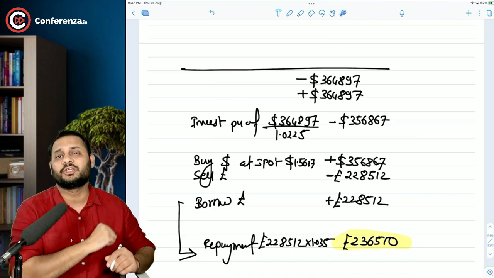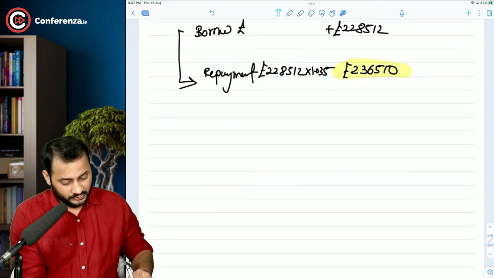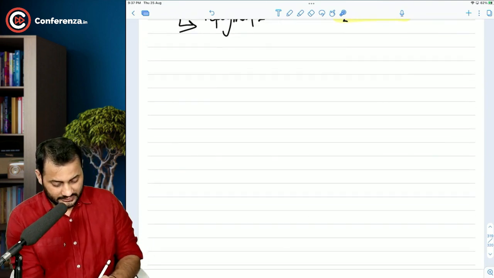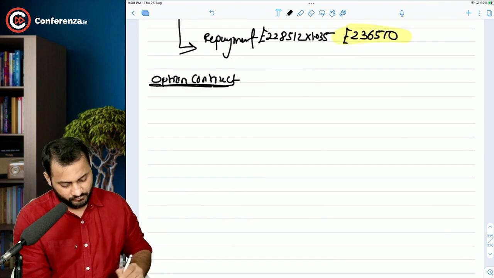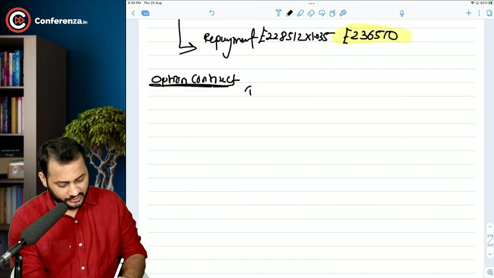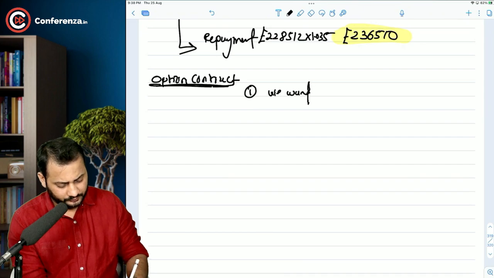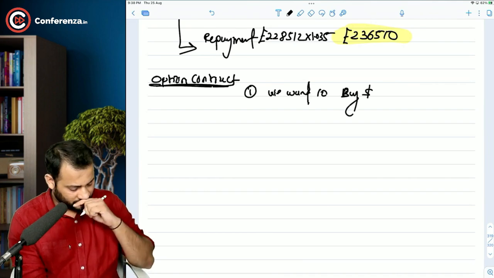Now come to the option contract. Last part of this question, option contract. See, first step, we want to buy dollar.